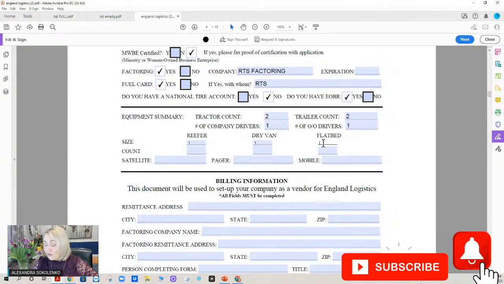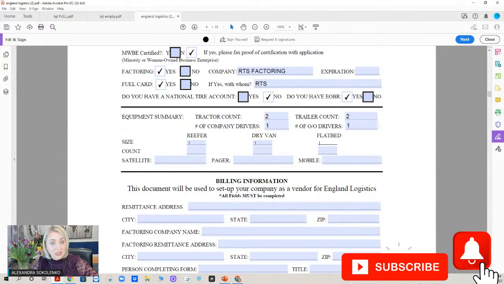Okay, can we put here 5 flatbeds? No, we cannot, because we only have what? We have 4. So 1 plus 1 is 2, plus 5 is already 7. So probably we have 2 flatbeds, right? Because the total count is 2. No, we cannot have flatbeds because we only have 2 trucks.